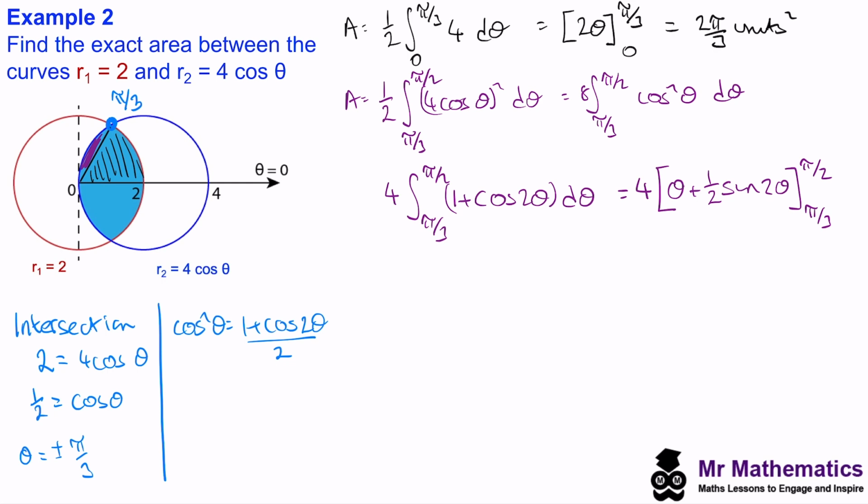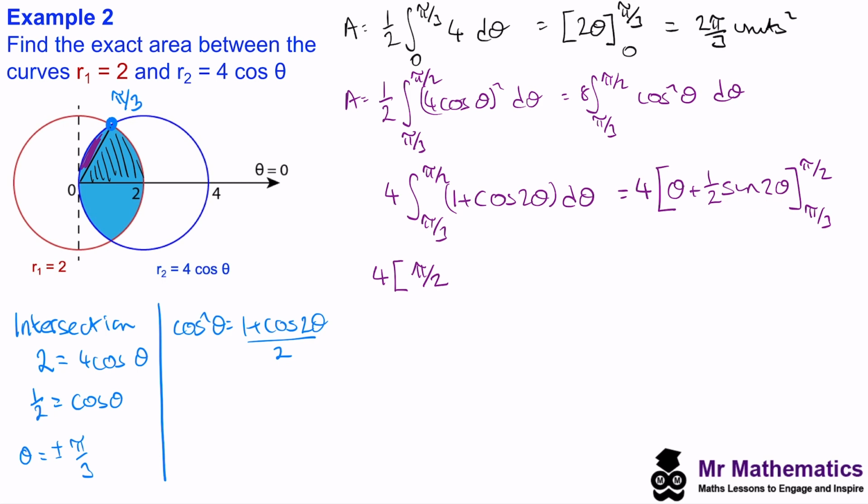We'll substitute in our limits. So we get pi over 2. And when we substitute pi over 2 into here, this becomes pi, and the sine of pi is 0.